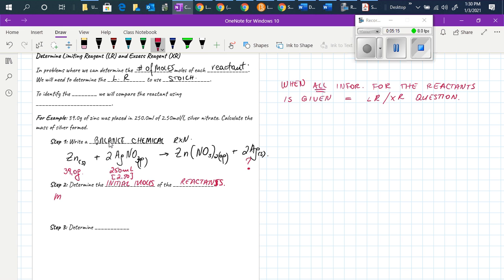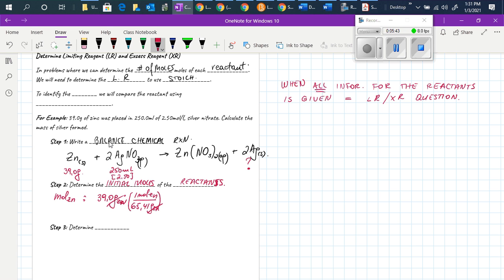For moles of zinc, we have 39.0 grams of zinc. When we have the grams and we want to find the moles, we use the molar mass. So 1 mole of zinc is 65.41 grams of zinc.